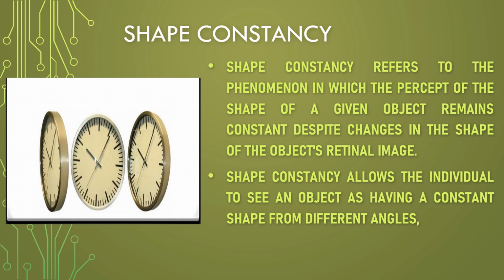In whichever angle we look at this clock, we see it as a circle only. Sometimes it looks elliptical, sometimes a perfect circle, but in any angle, we perceive this as a circle-shaped clock. That is shape constancy.